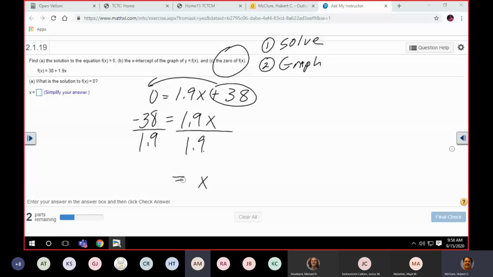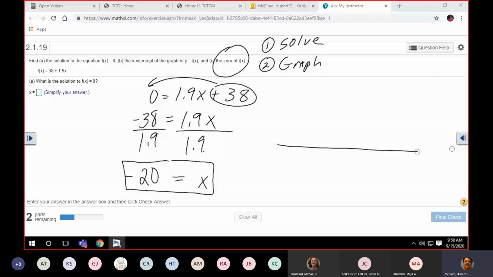Well, it's 38 negative. It's going to be negative, so I don't have to worry about the negative. What's 38 divided by 1.9? 20. 20 even? Yes. Okay, so our x-intercept is negative 20. So draw it on the number line. 0, 20, negative 20. Here's my number.